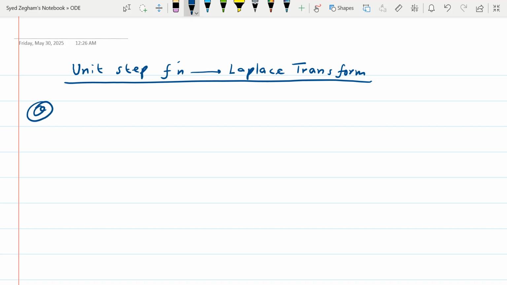Let us say that we have a function f(t) which is defined as 0 when t lies between 0 and 1.